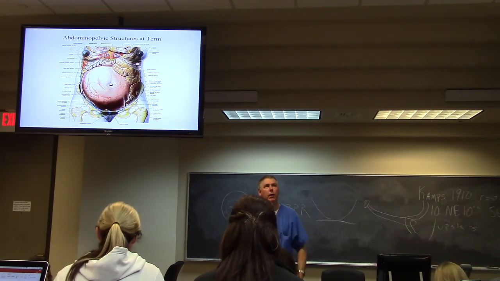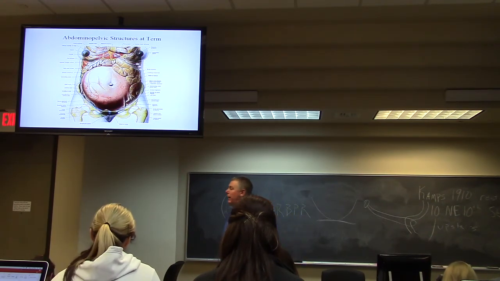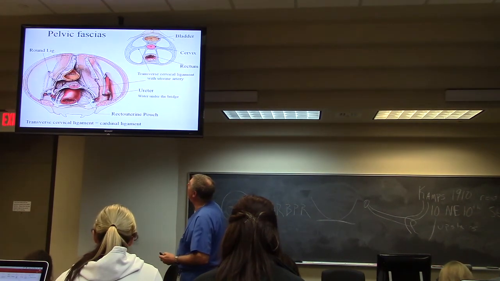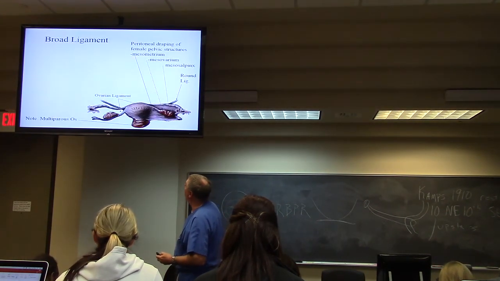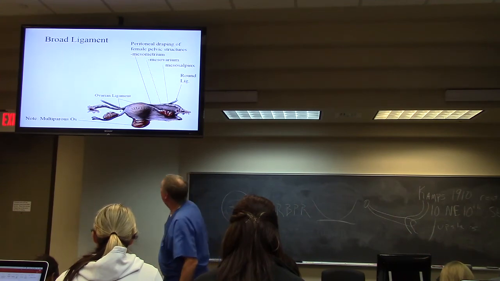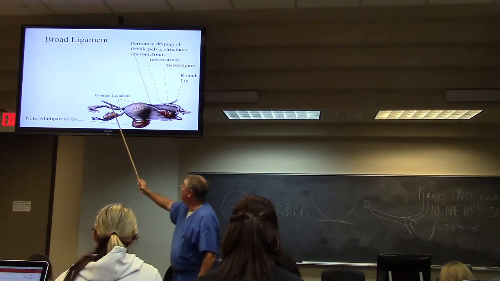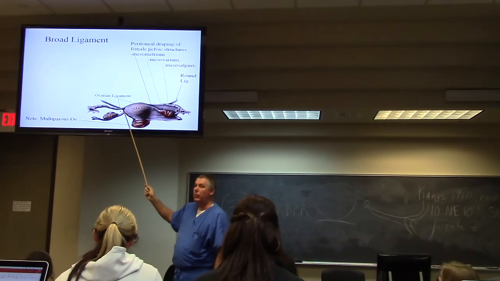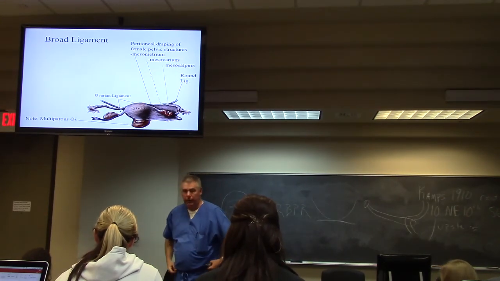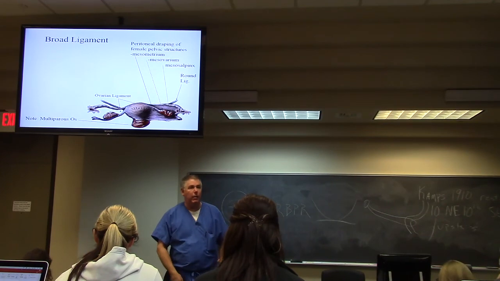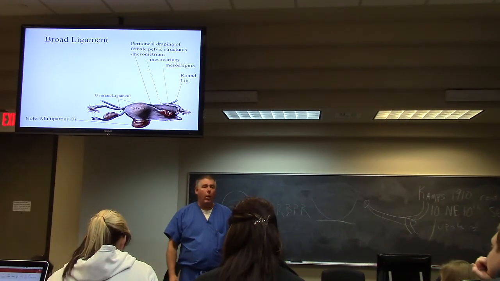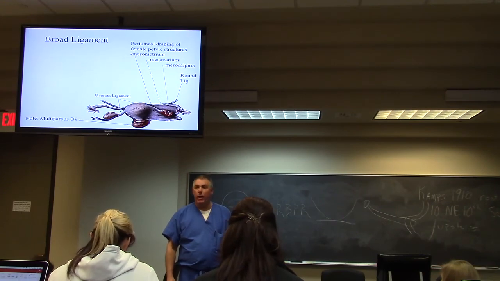There's another thing you ought to appreciate here. You're going to hear a lot in obstetrics about this. If we go back, there's the round ligament right there. The round ligament attaches to the top of the uterus, comes out, goes through the deep ring, down the inguinal canal, and inserts into the labia majora. Why you have a round ligament, I have no idea.